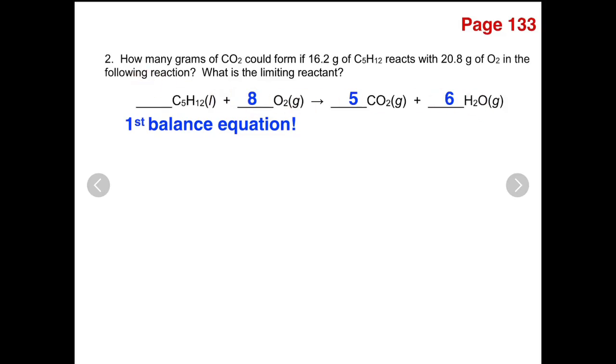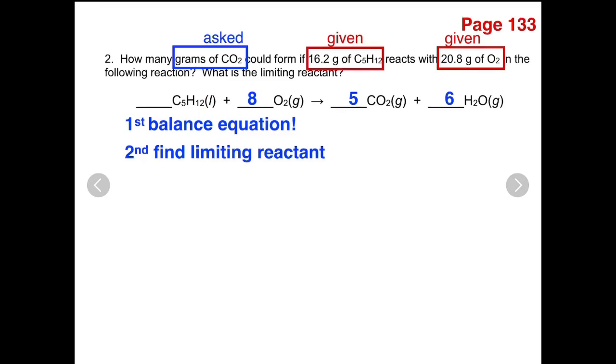After you balance the chemical equation, the next thing is to look at the given information. In this case, it's asking for carbon dioxide, so it's asking for the product. It gives 2 pieces of information, for the 2 reactants. Because the information is given for both reactants, you will need to find the limiting reactant.